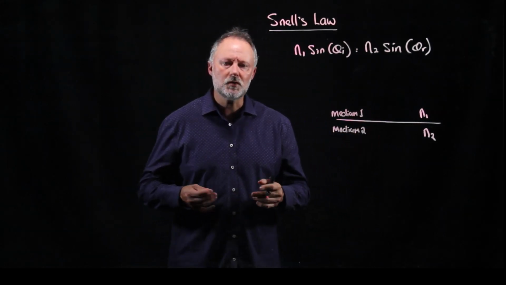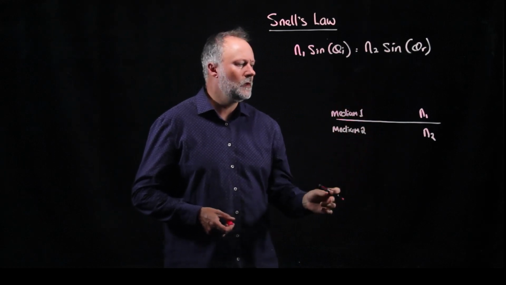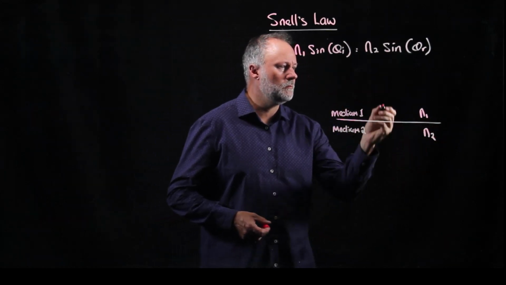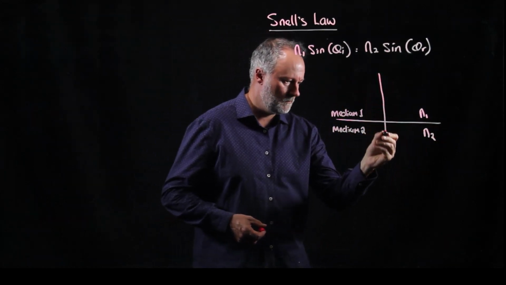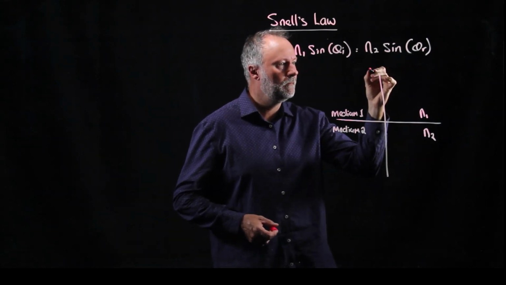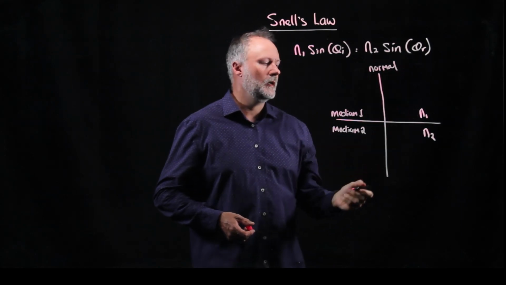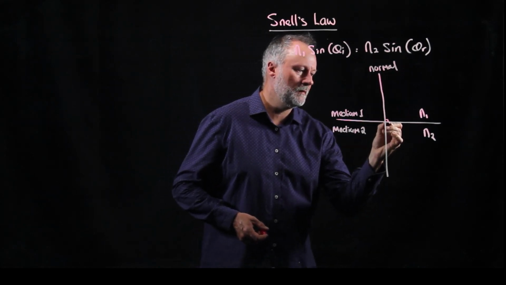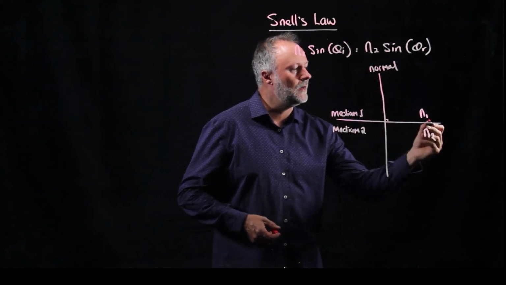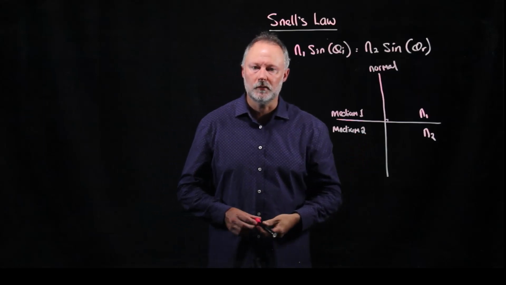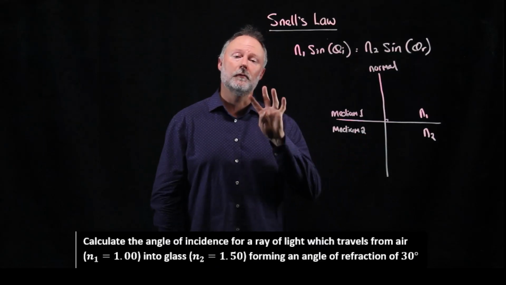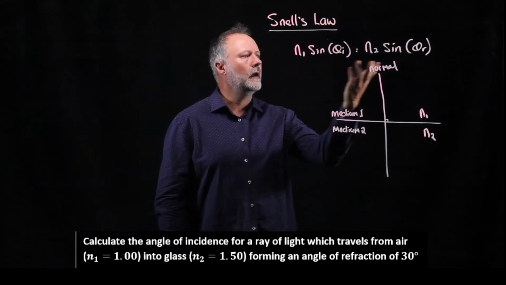Now, when we're making measurements of angles between two mediums, we don't measure against the surface, we measure against a normal. A normal, as the name suggests, is a line that's at right angles to the interface between material 1 and material 2. So today, I want to have a look at 4 examples of applying Snell's Law.